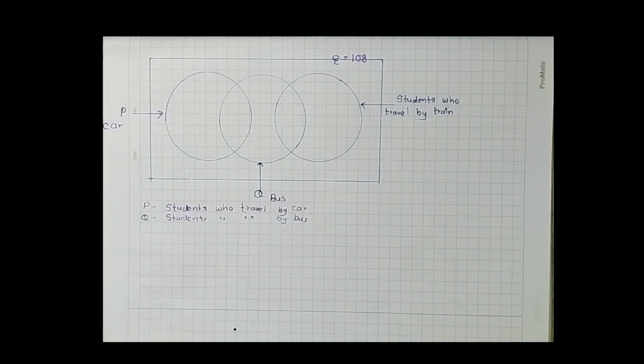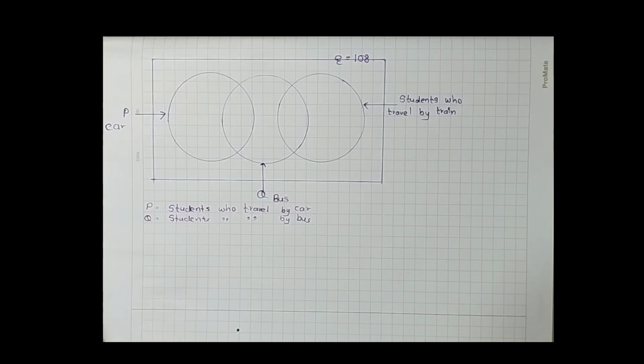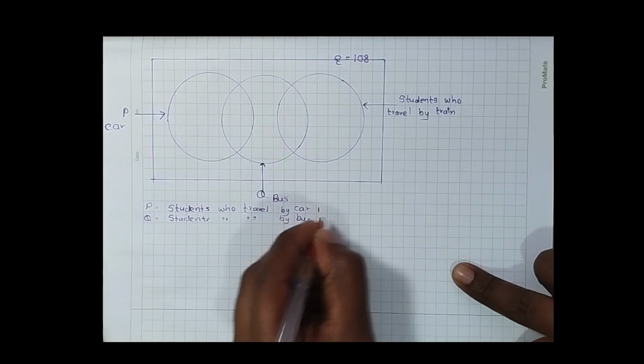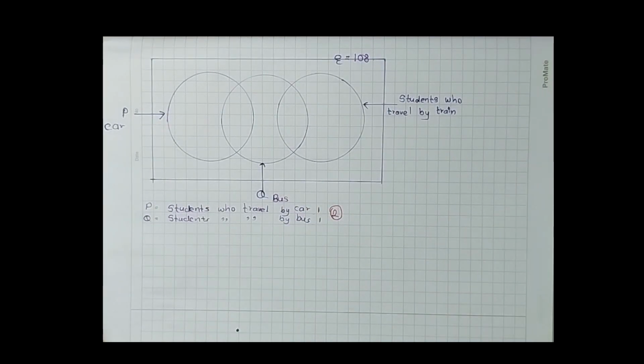For this question, for identifying these two modes of transportation, you get 2 marks, one for each.